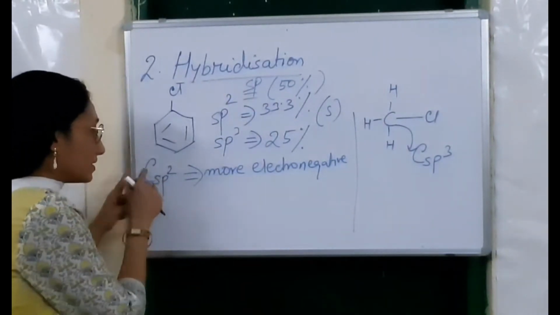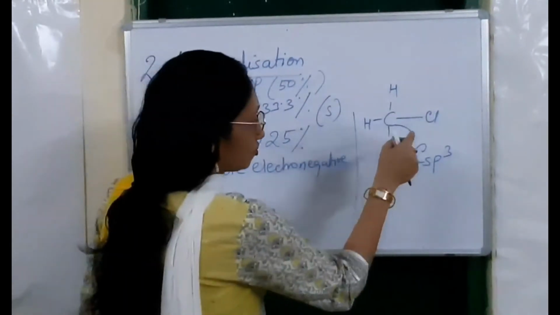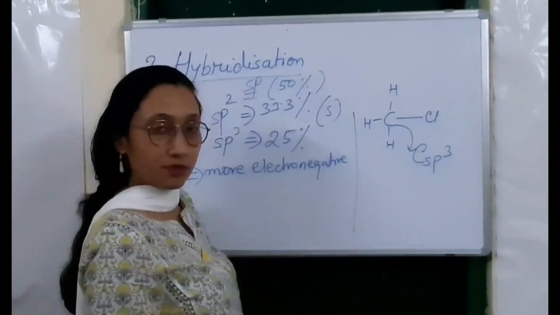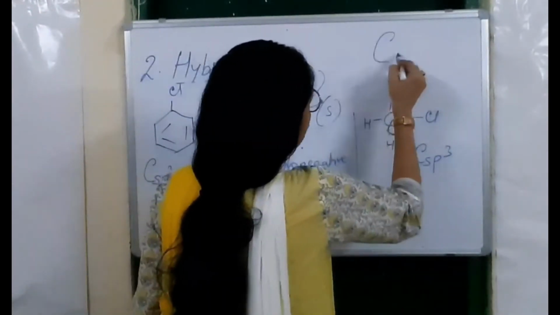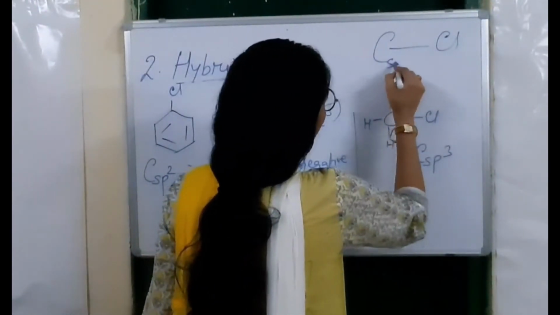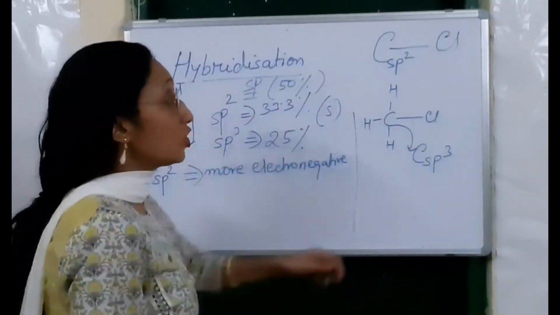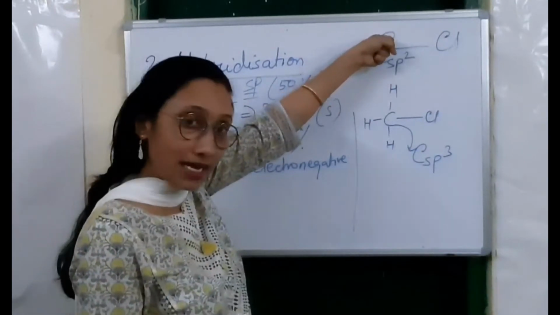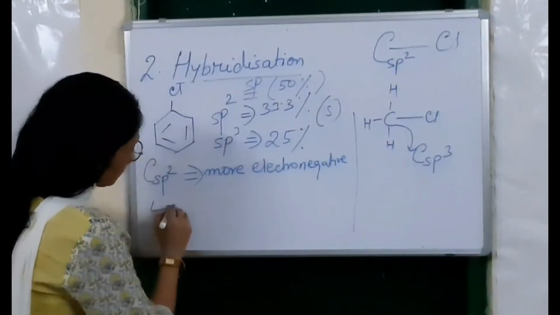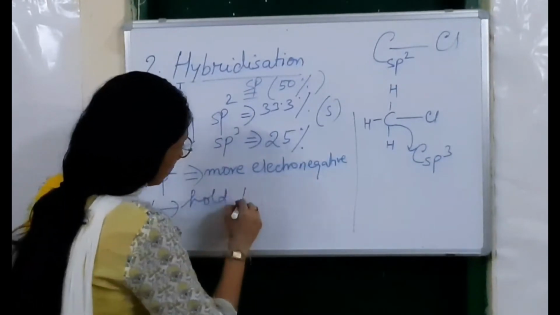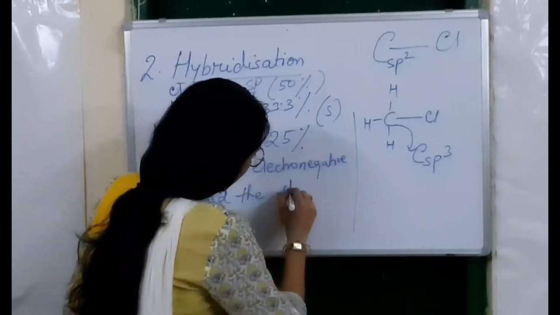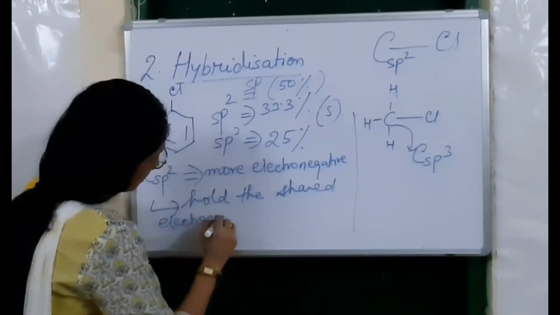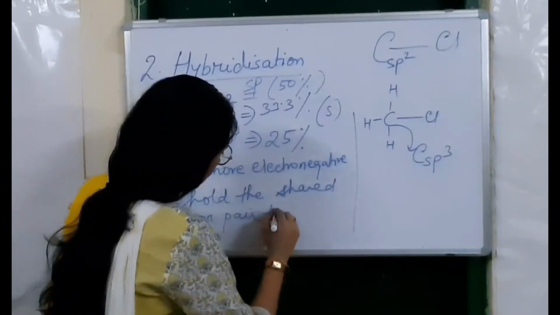Now, if we compare sp2 carbon and sp3 carbon, sp2 carbon is more electronegative than sp3 carbon. Now, if sp2 carbon is more electronegative, then what will happen? This carbon will hold this shared electron pair tightly.